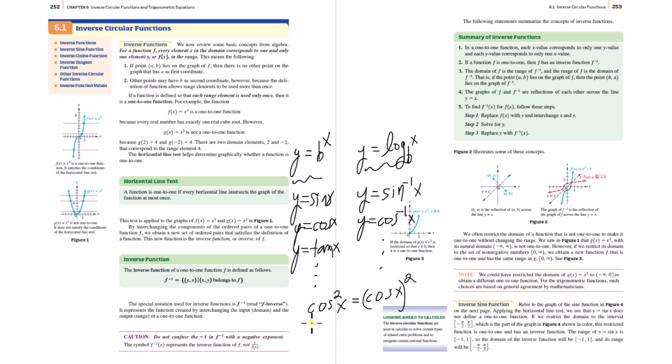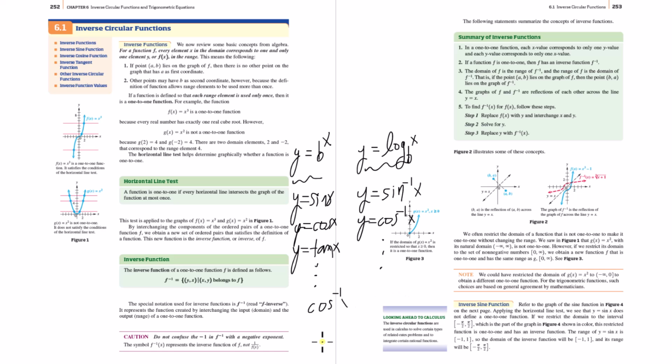However, with inverses, cosine to the minus 1 of x does not equal the reciprocal, 1 over cosine x, which would be secant x. No, absolutely not. Yes, 1 over cosine x is equal to secant x, but most certainly all of that is not equal to this. Not at all.